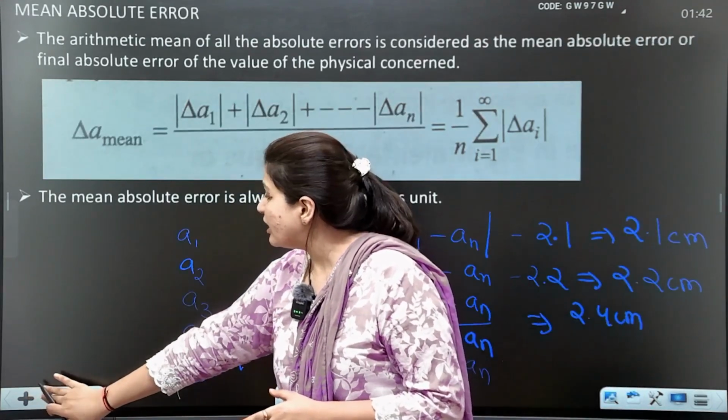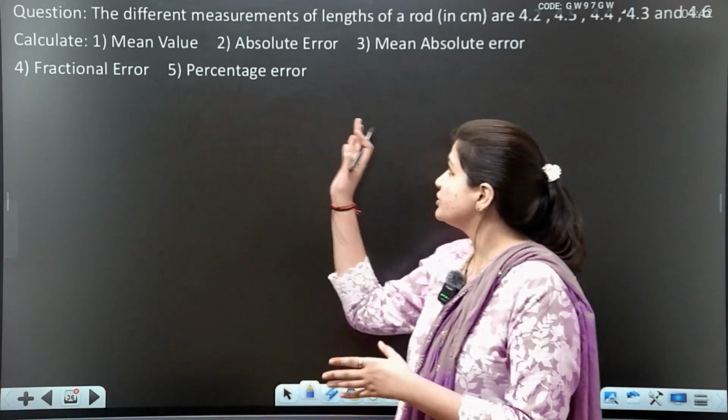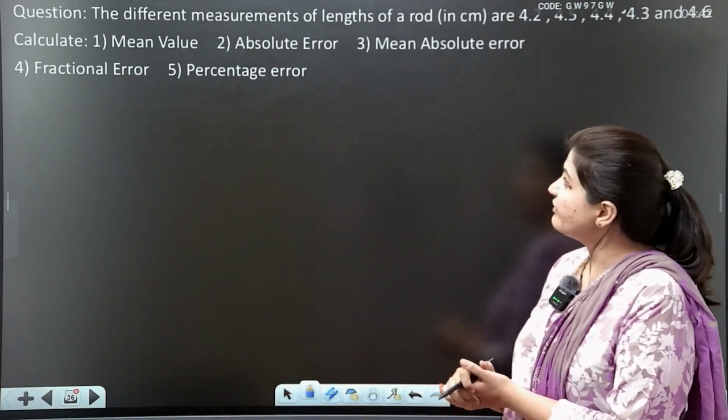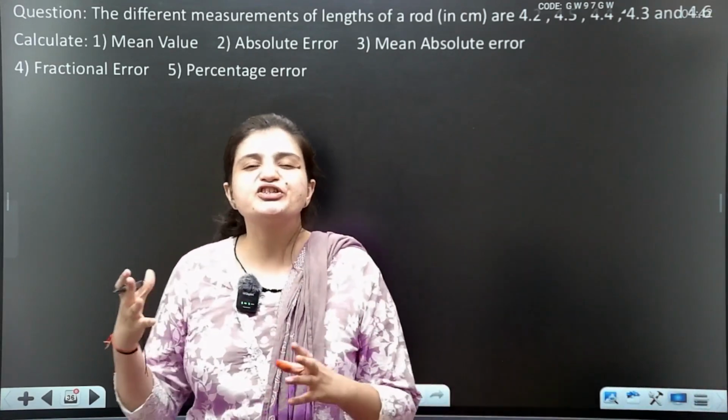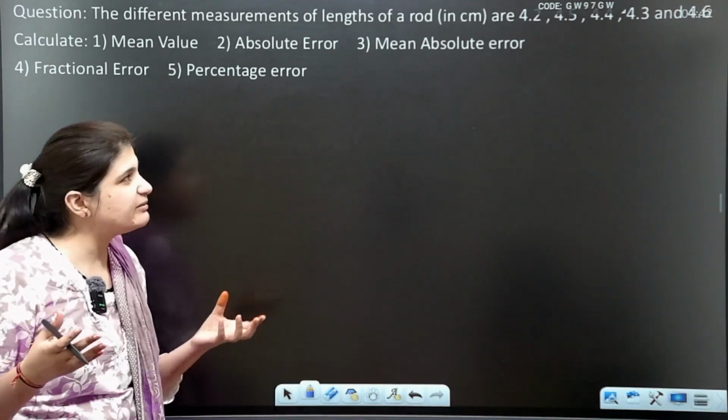So let's understand this numerical. We have different measurements of the length of a rod. So a rod's length is measured.